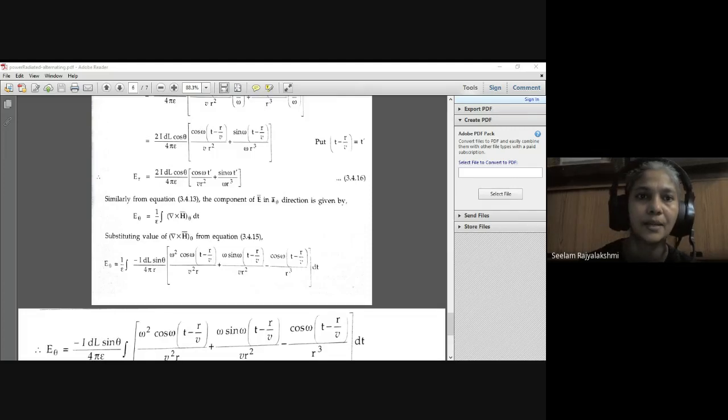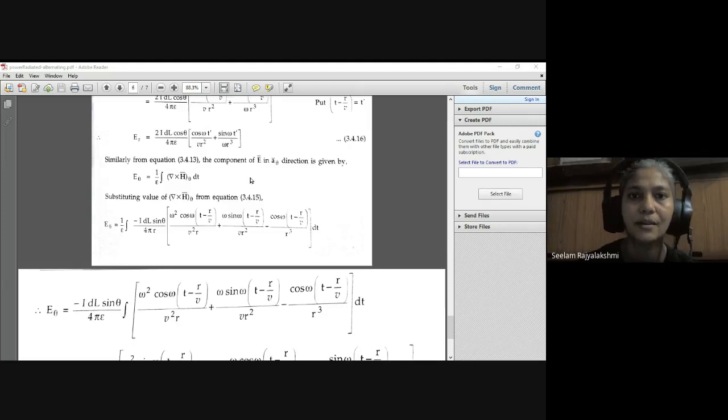Similarly from equation number 13, the component of E in the theta direction is given by E theta equals 1 by epsilon integration of del cross H in the theta direction into dt.